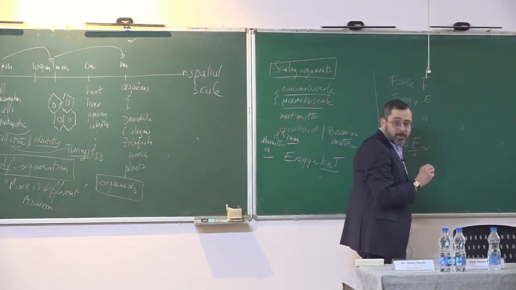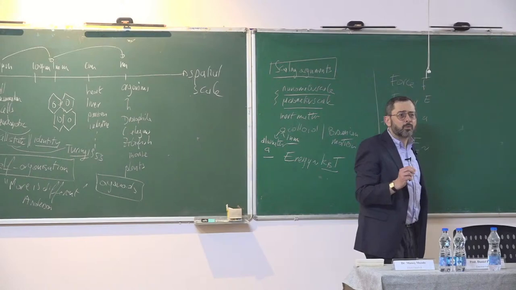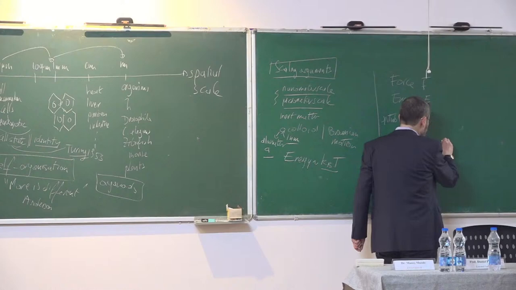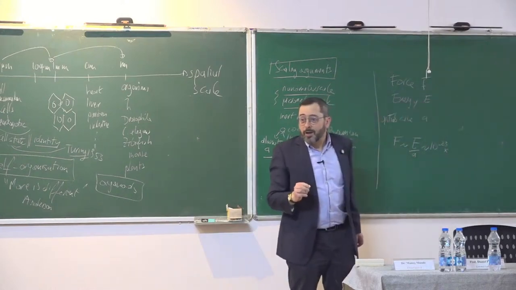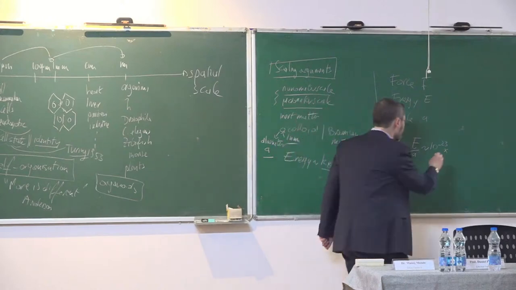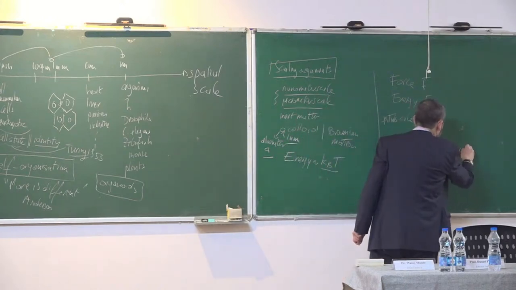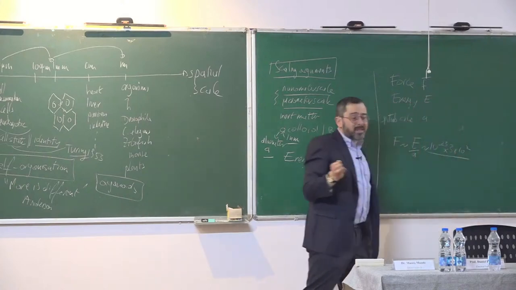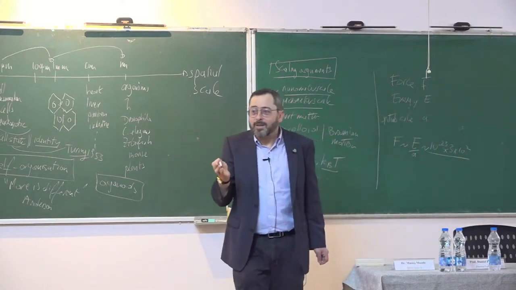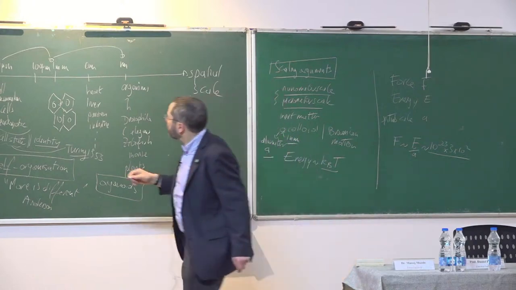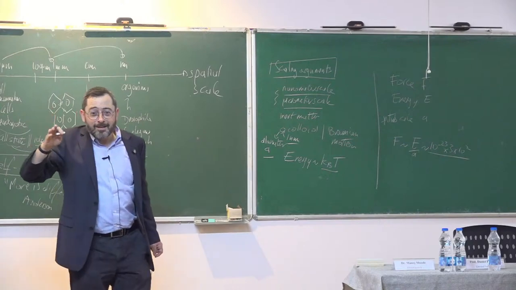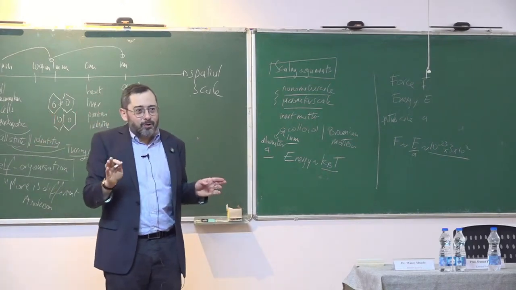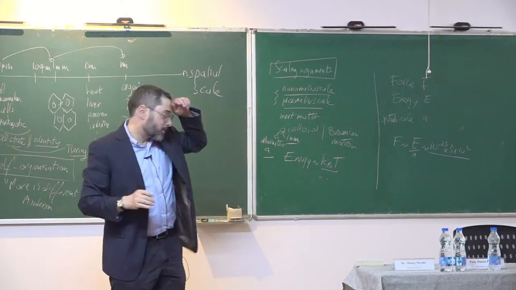If I plug in numbers now, the Boltzmann constant is equal to what? 10 to the minus 23. The temperature is about 300, so 3 times 10 to the 2. And A, I'm taking a particle of size 1 micron. So 1 micron would be a cell. I propose to take 1 nanometer, because you will see that the result is interesting.